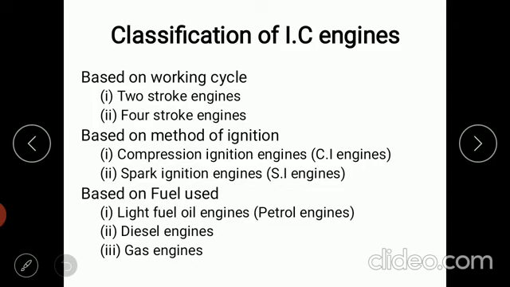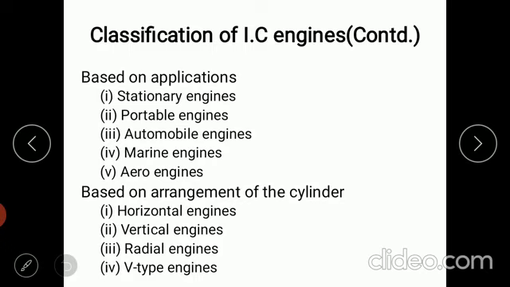Based on fuel used, whether it is a petroleum based engine, diesel engine, or gas engine, we can classify engines into three types. Then based on application, whether the engine is stationary, portable, or used in automobiles, marine or aerospace applications.